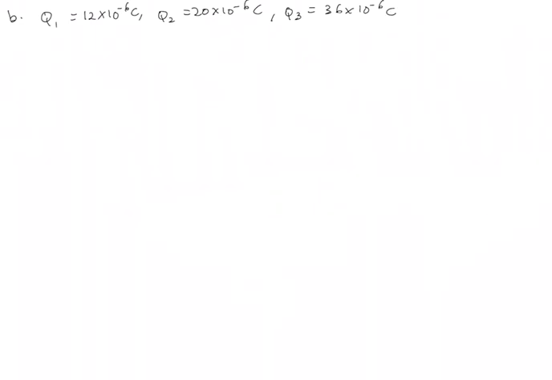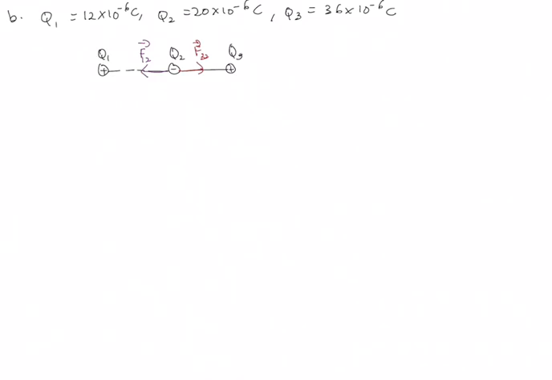As we can draw here, the charges Q1 and Q3 are positive. Now determine the forces on Q2. For Q2 and Q3, it will be an attractive force, labeled F32. For Q2 and Q1, also an attractive force, labeled F12.